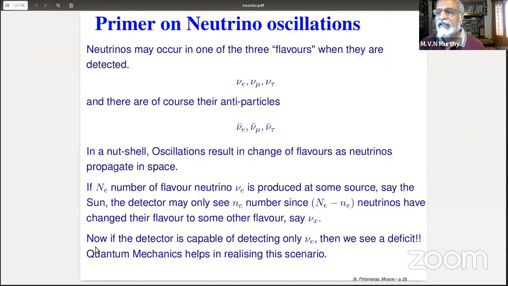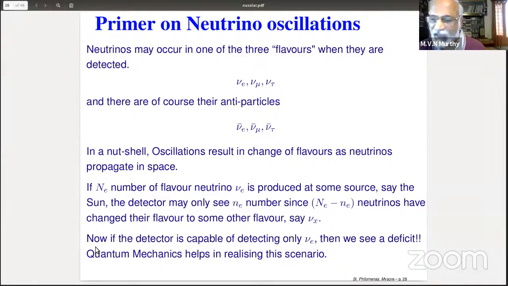And if my detector can only detect nu_e, then I will see a deficit of the electron neutrino flux as compared to what is produced in the source. So this means that the flavor is changing. Now already we see in this mechanism a deviation from what is already contained in the standard model.